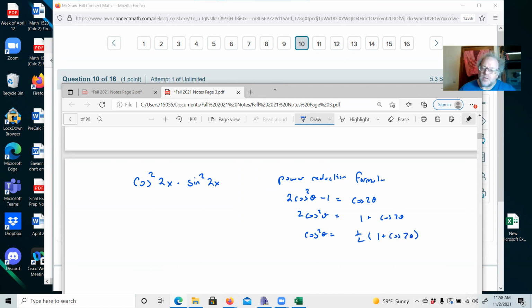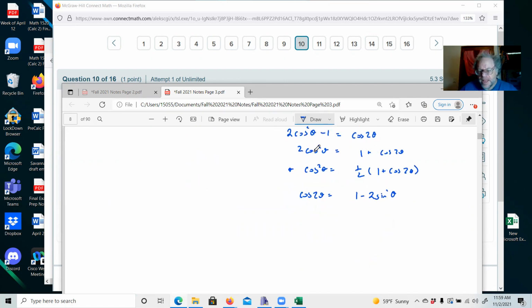Okay. Some calculus teachers will swear by memorizing this formula. I never did. I just do this every time I need it. And then we have cosine of 2 theta is equal to 1 minus 2 sine squared theta. So what we're going to do is add the 2 sine squared theta and subtract the cosine 2 theta.